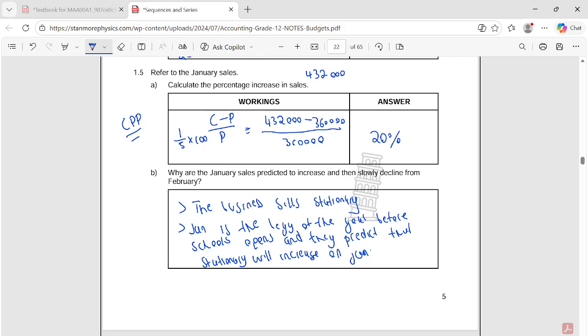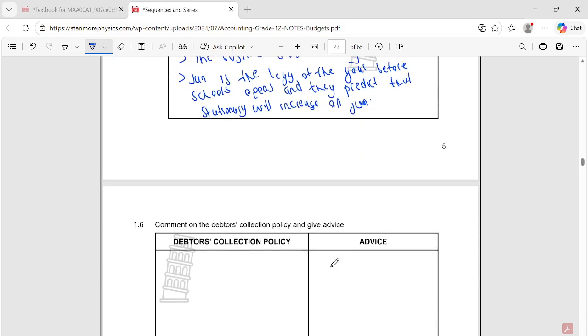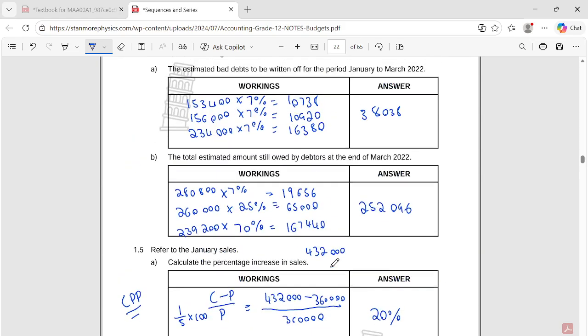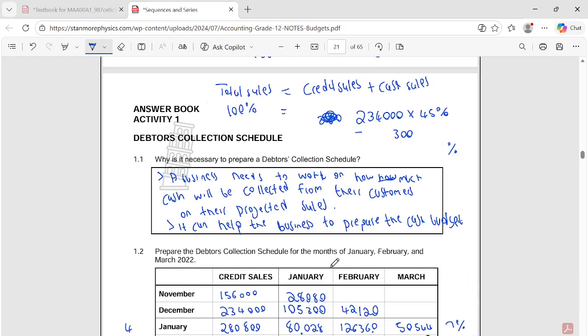Now we are going to our debtors collection policy, right? So they're saying to comment on the debtors collection and give us advice, right? So when you're identifying from these collections, let me go to the collection here.